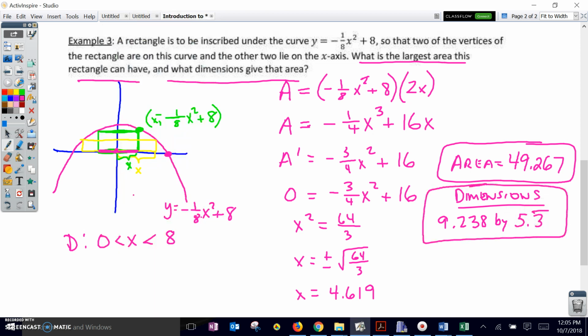So there are the dimensions of our rectangle and the area that answer this problem.